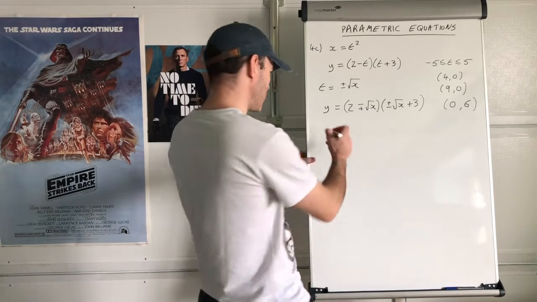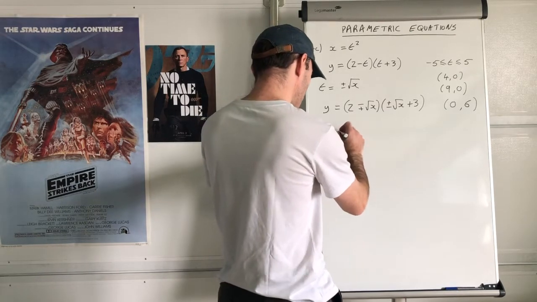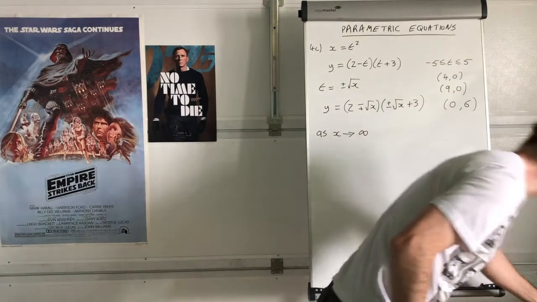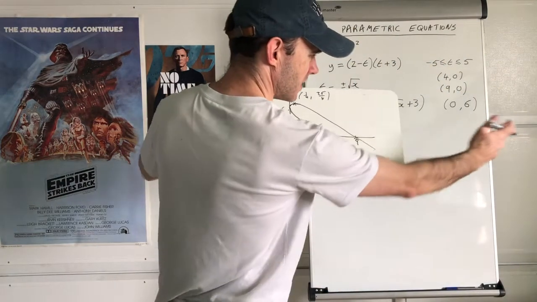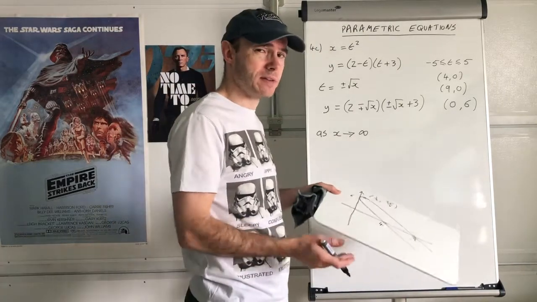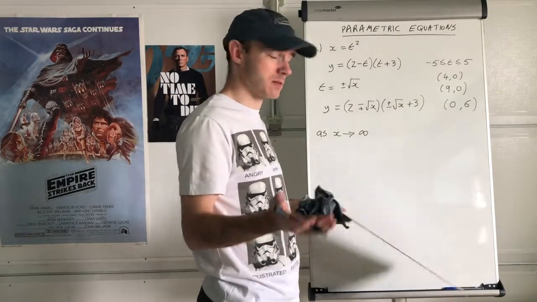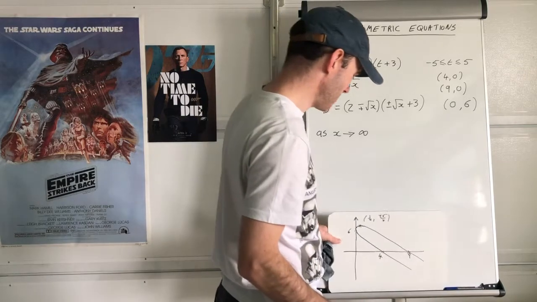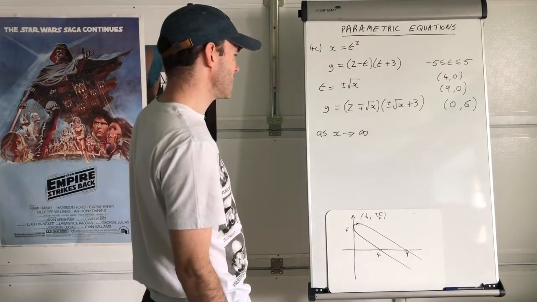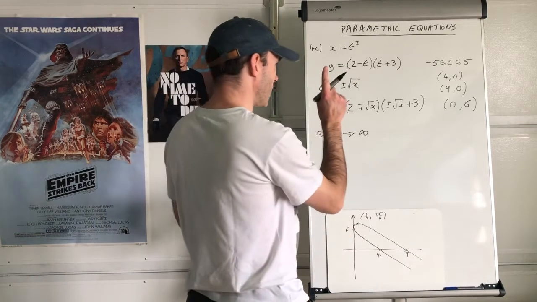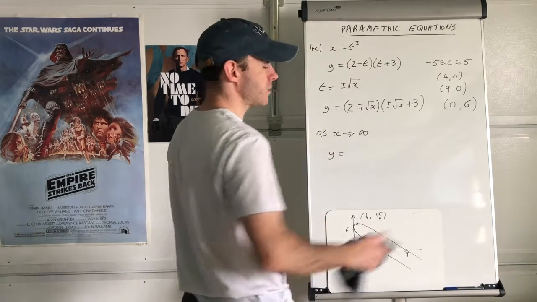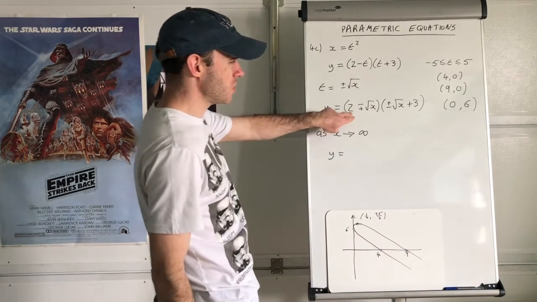What we've got to do, of course, is see what happens as x tends towards infinity. That's how we determine the long-term behaviour, and that's an important word in mathematics, long-term behaviour of the graph. Let's just put that lovely looking curve down there. What happens when x tends towards infinity? Well, I'm going to use this equation to have a look at that. When x tends towards infinity, you can ignore the 2 and the 3.